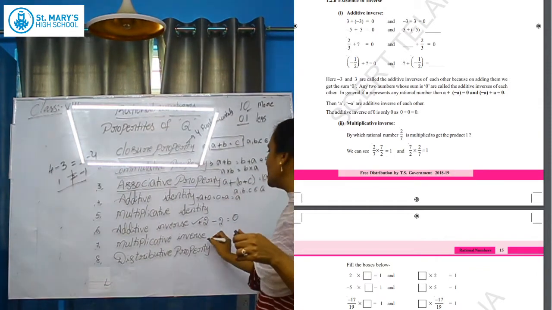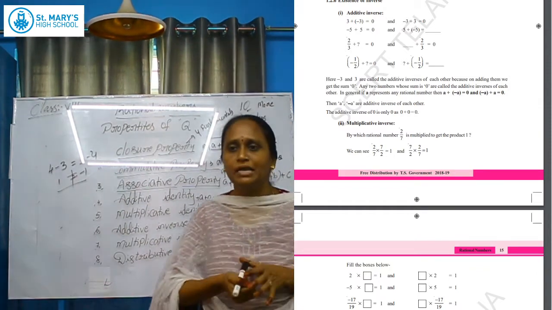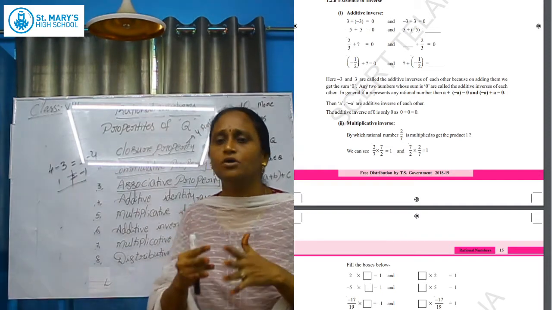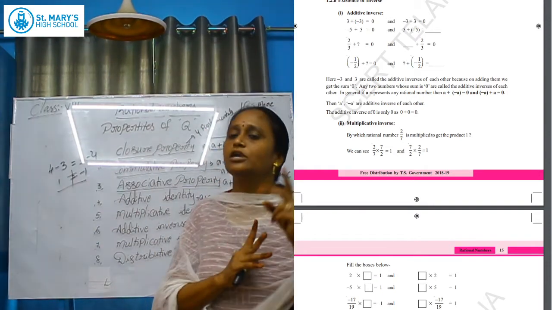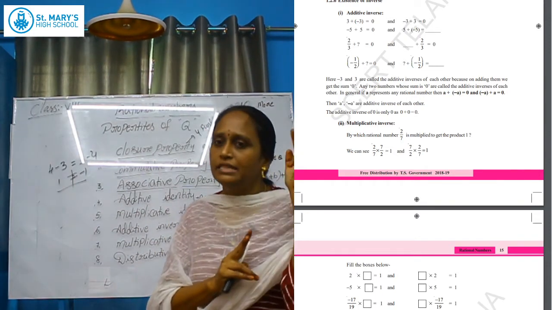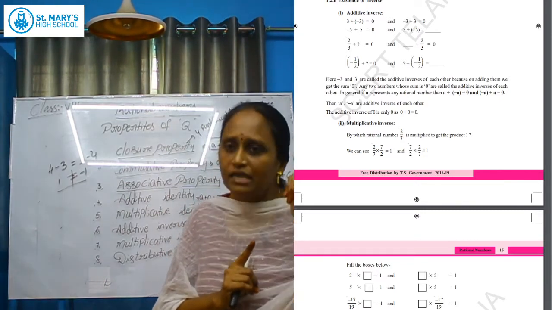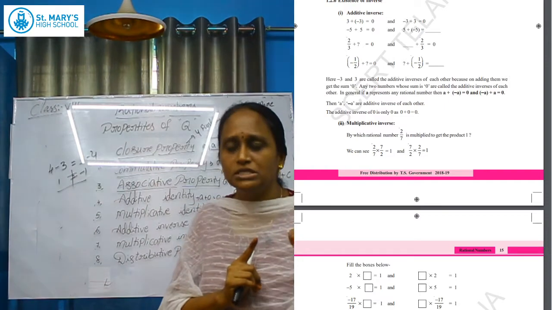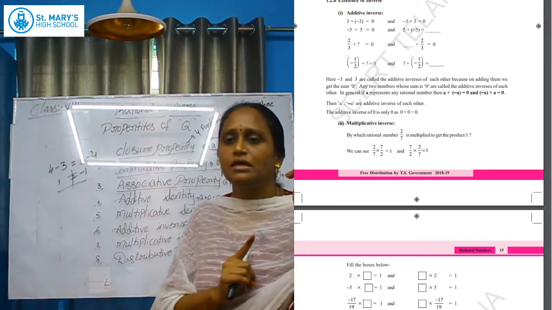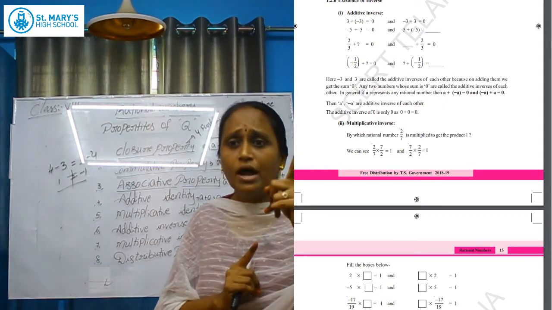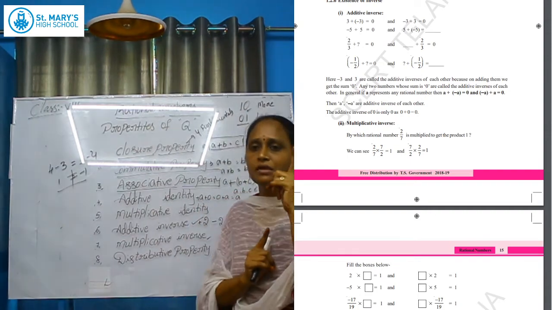And what about the multiplicative inverse? When we multiply two rational numbers and the product we get is 1, then it is called a multiplicative inverse.